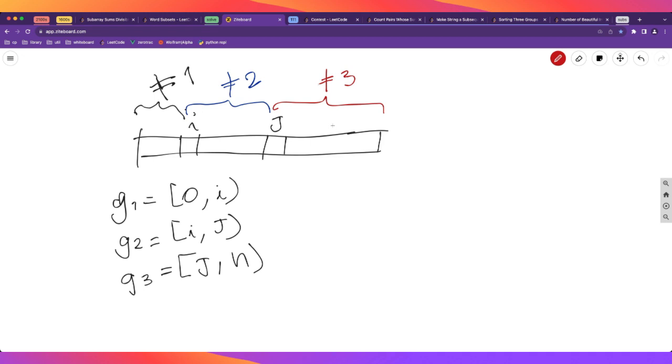That's going to give us the cost of the partition.